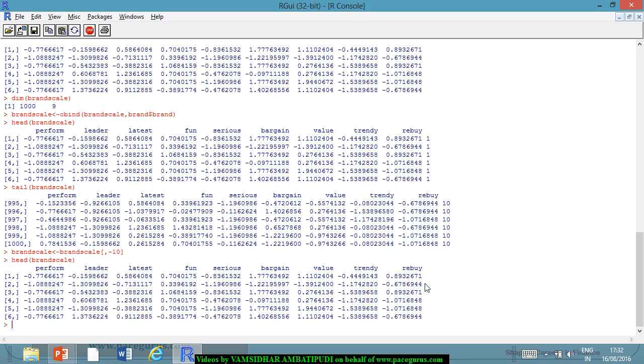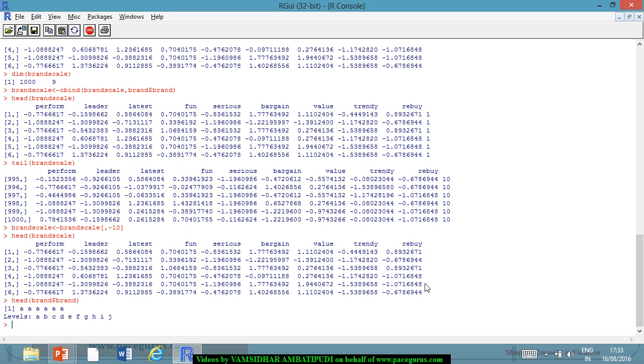I'm simply taking all these columns, but let me add the brand names. How do I add it? A B C D. So let me look at what is there as part of brand. Let me look at head of brand$brand. What is there? Yes, it is A B C D E F G H itself.